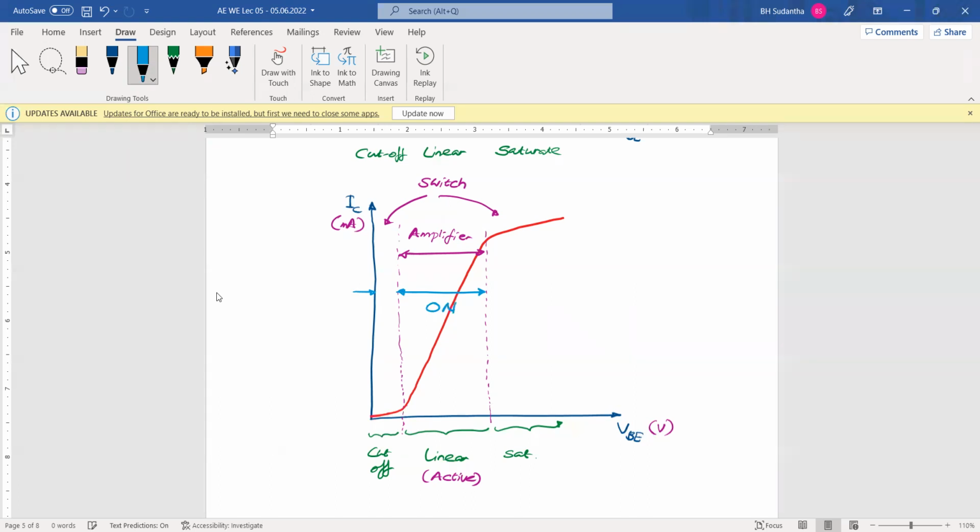In this region the transistor is on. Here it's fully on. This is transistor off.